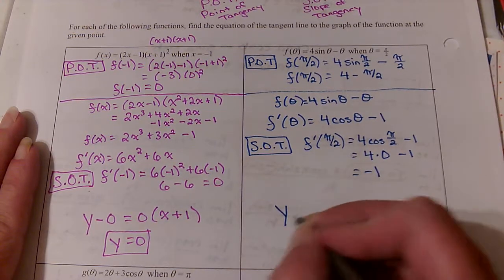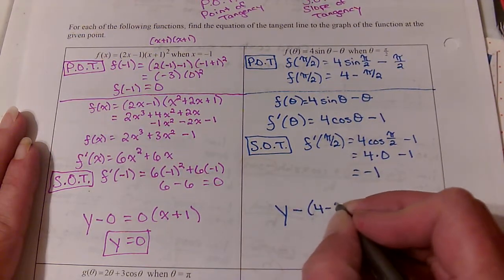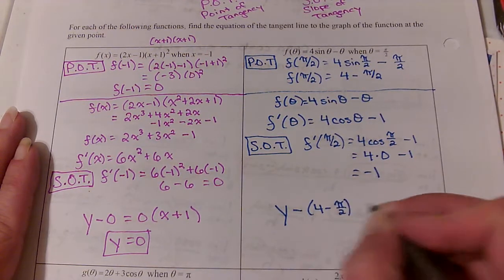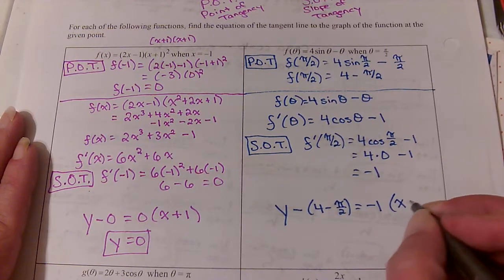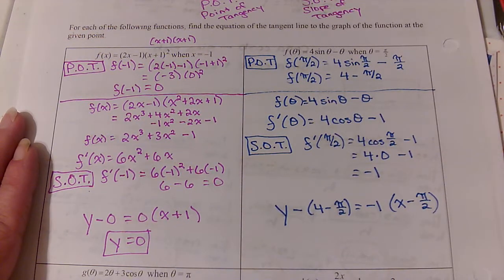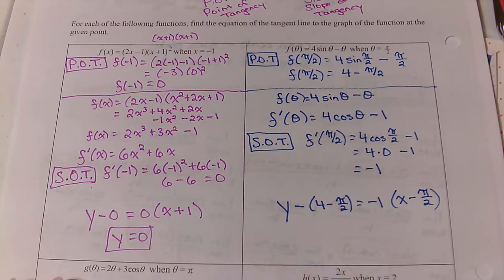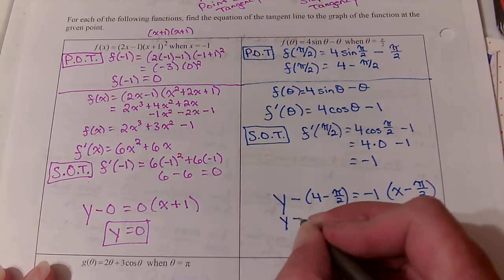So my point is going to be y minus the y value, slope, x minus the x value. I'm even going to clean that up. That just looks kind of ugly to me.